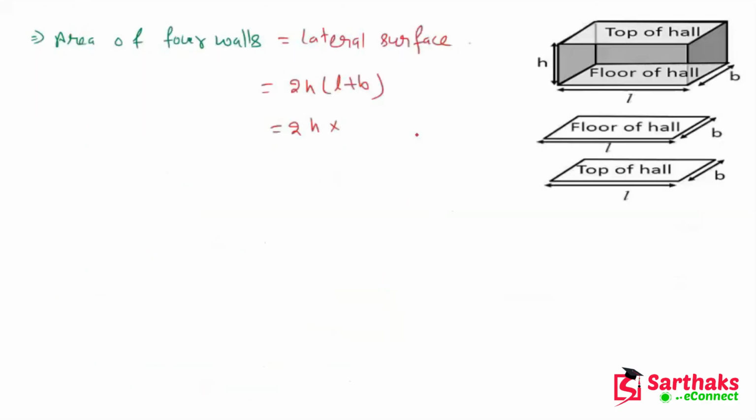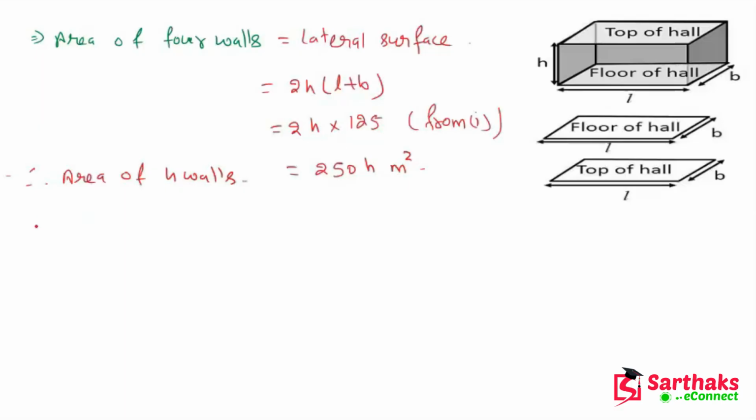We can write from equation 1, so now this will become 250H meter square. This is the area of four walls. So the area of four walls is equal to 250H meter square.